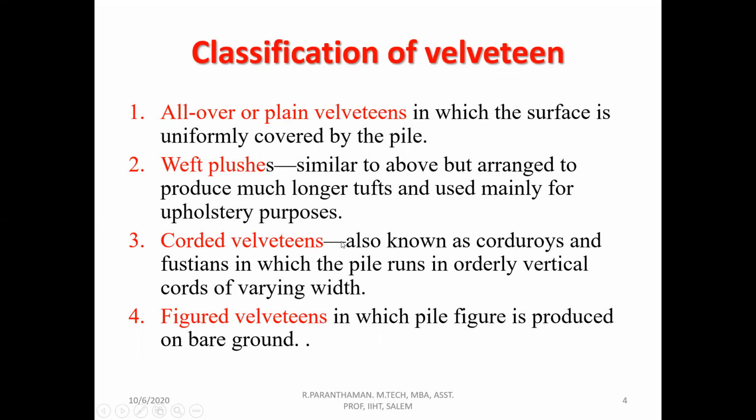Then corded velveteens, which are also known as corduroys. The corded effect is formed on the fabric surface. Then figured velveteens. In the figured velveteens, the figure is produced on the bare ground using piles.